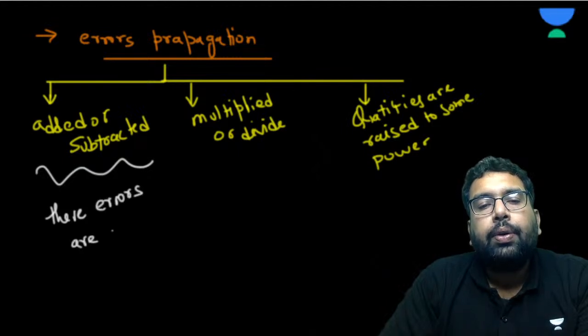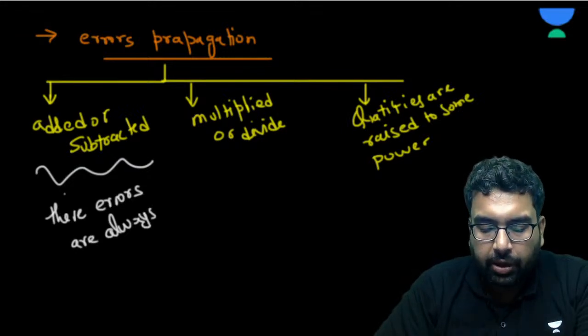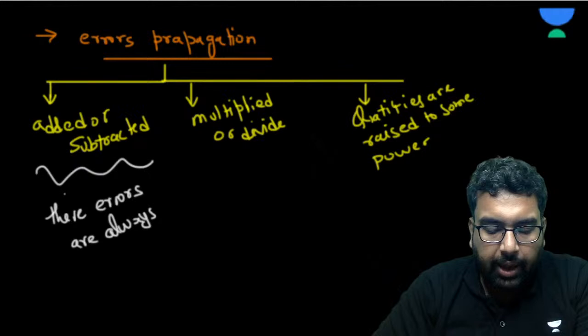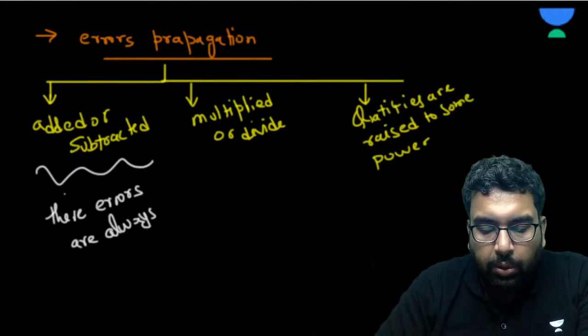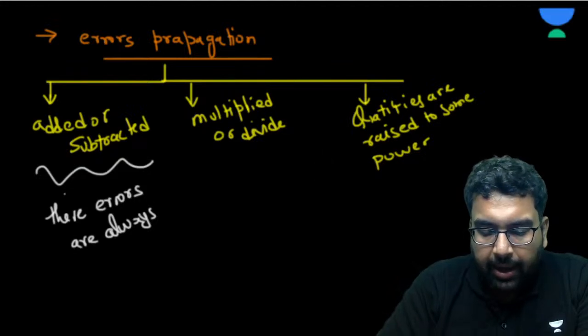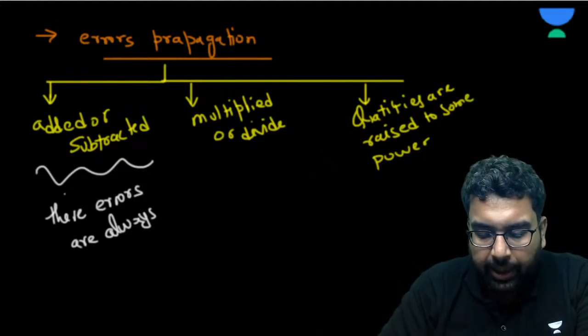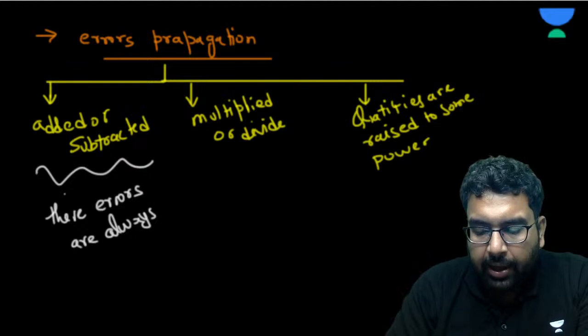So remember, even when two quantities are getting subtracted from each other, beta, it doesn't mean that their error is subtracted.